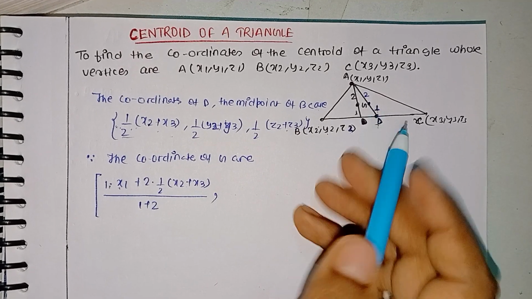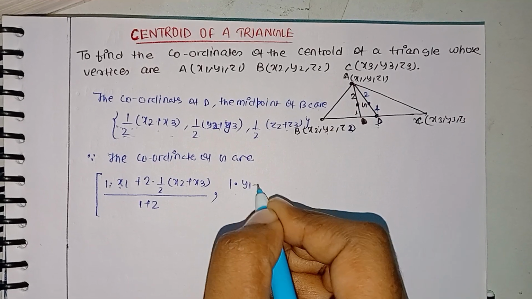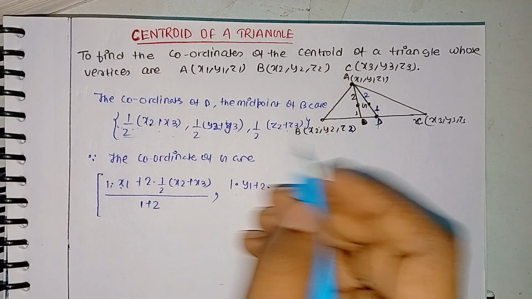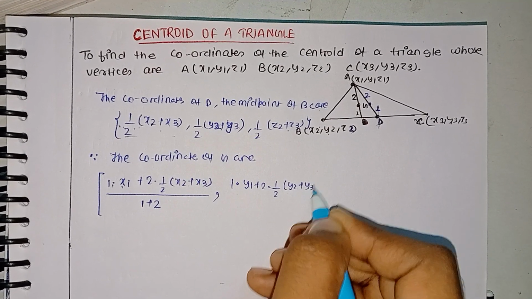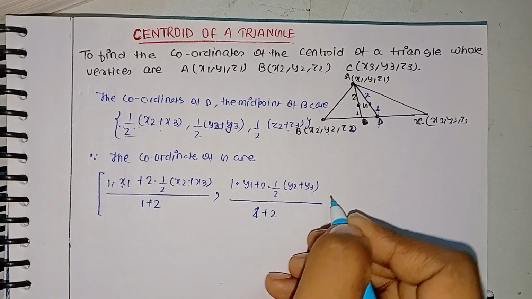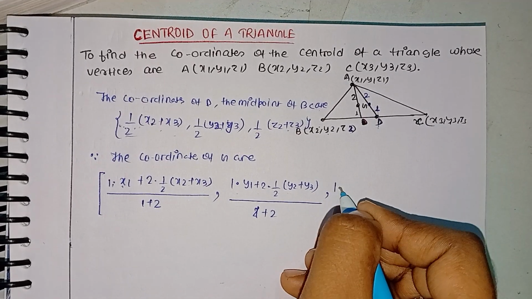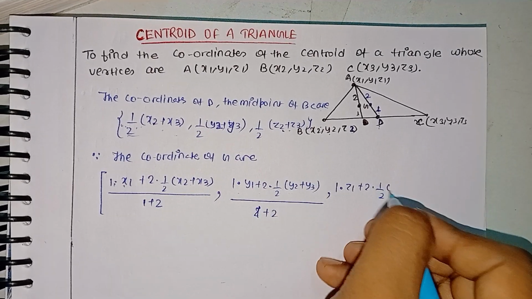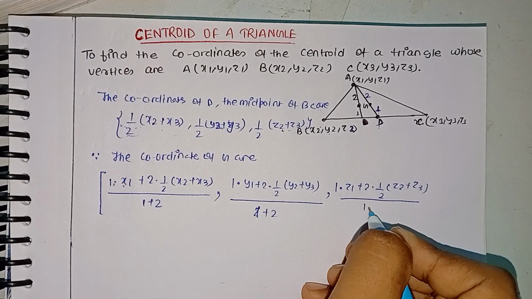we can write 1 into y1 plus 2 into the y coordinate of D. The y coordinate of D is 1 upon 2 into (y2 plus y3), upon the sum of ratios, which is 1 plus 2. We do the same with the z coordinate: 1 into z1 plus 2 into 1 upon 2 (z2 plus z3), upon m plus n.